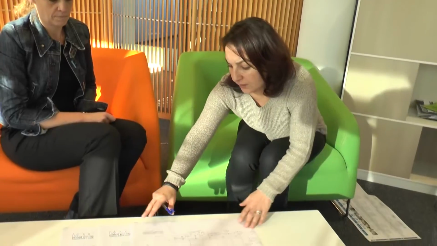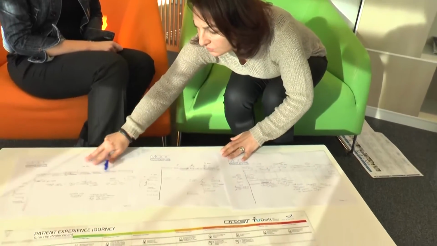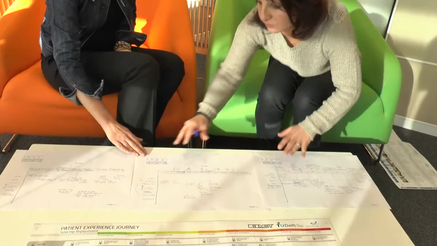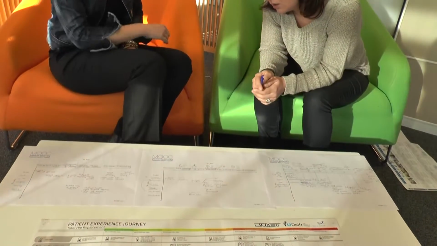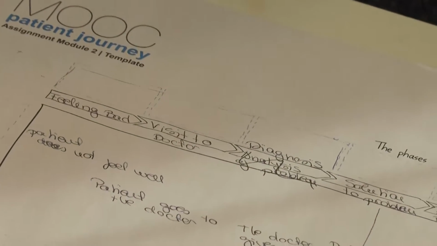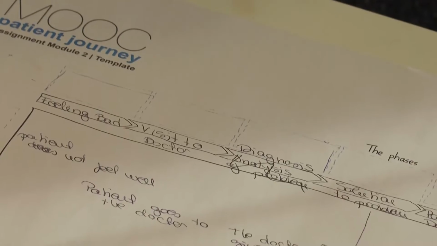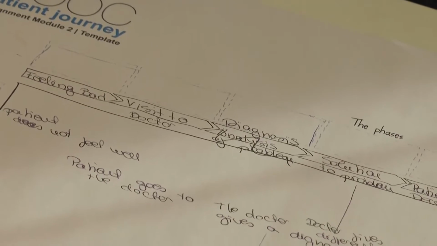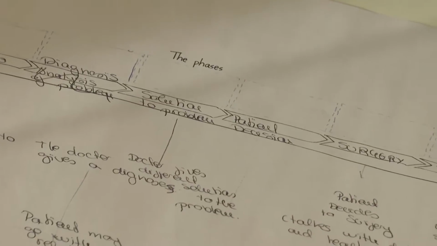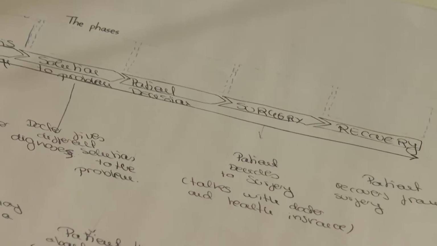If you look at the phases, I can see that you tried to make it really complete. That was really good to see. If you look at the examples, most of you start with feeling bad, and the first visit to the GP, the diagnosis, and then the referral to the hospital, for example.